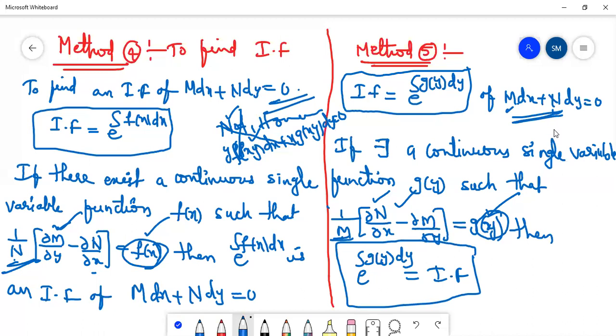If both are not suitable, then use either method 4 or method 5. Check what the M function and the N function are. I am also giving a clue: in most problems, the function which has fewer terms is the one we divide by after taking the difference of the partial derivative terms. That is the relation.